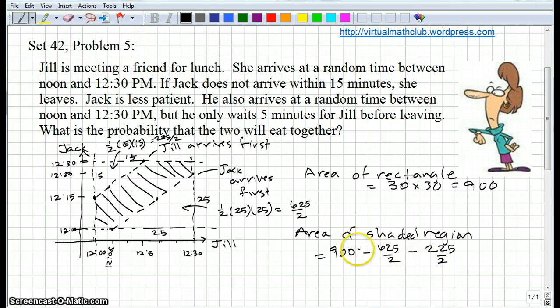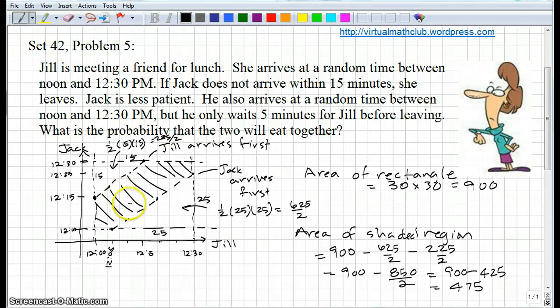So what does that give us? That gives us 900 minus 850 halves, and so that's 900 minus 425, which is 475.